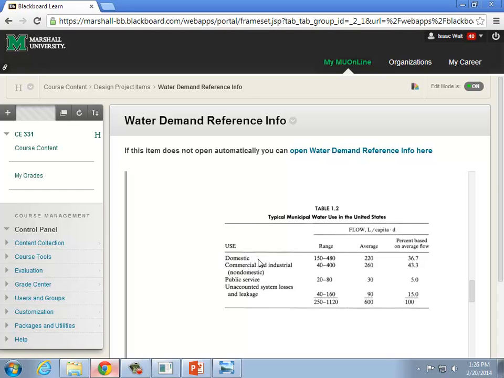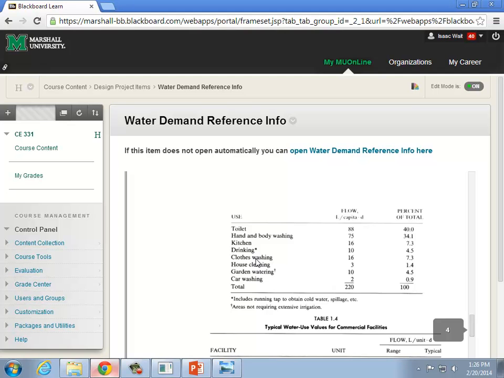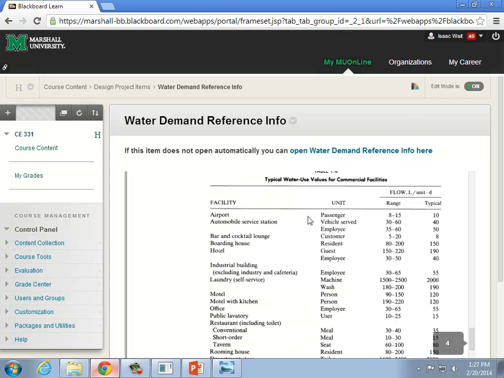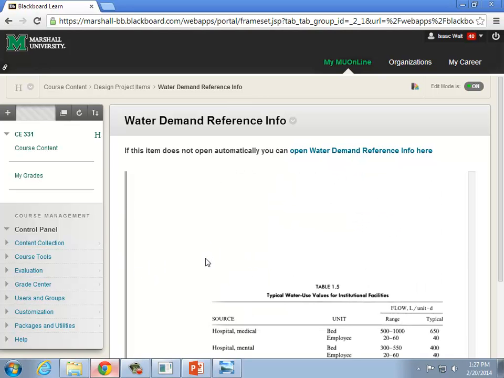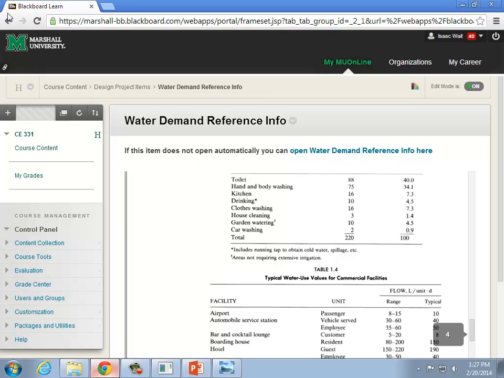For domestic demand in residential areas, there's a table showing what that water is used for: how much goes to toilets, drinking, washing, and so on. Here's information about commercial facilities, including hotels and hospitals. So in these references, there's some information that will help you during demand estimation.